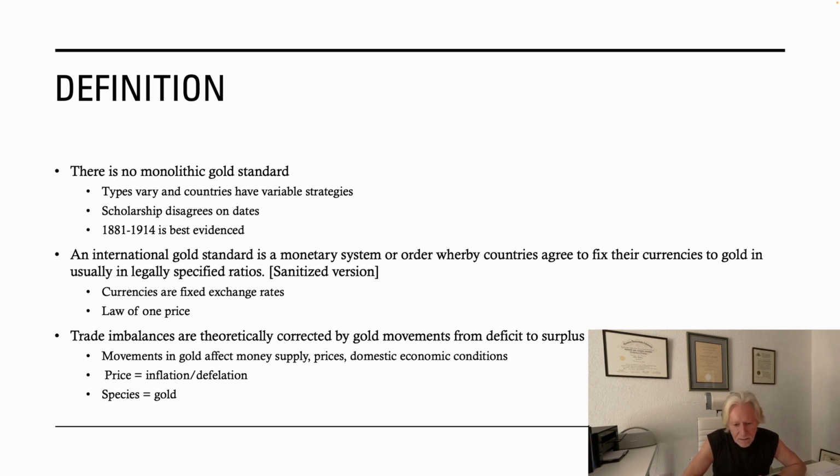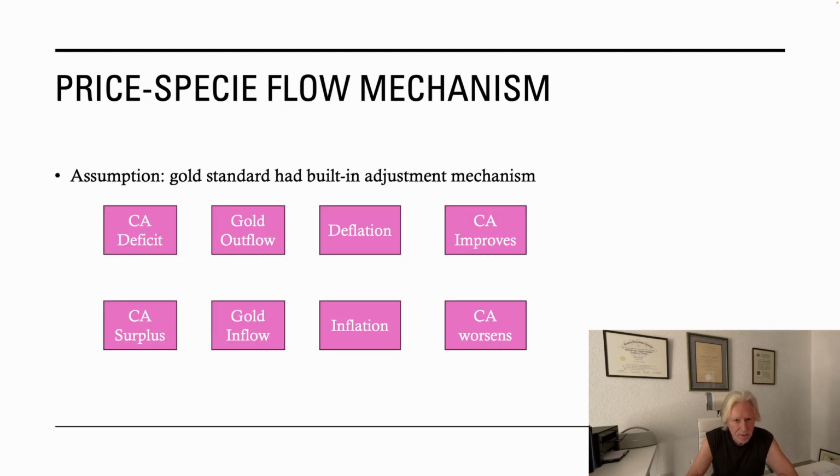One of the principal features of the international gold system is the benefit that it can correct trade imbalances. This is partially true, but the general presentation of the way it does this is completely false. So we will see a couple of illustrations. We have international trade, with a country with a current account surplus and a country with a current account deficit.